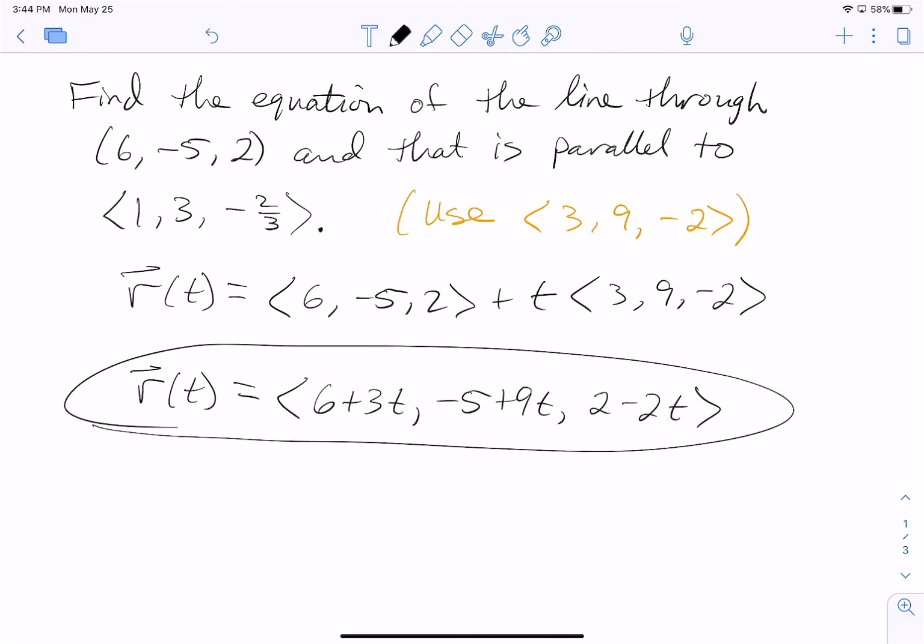Now, folks, if we used (1, 3, -2/3), we'd have different numbers here. It would be a different representation for the same line. That is, we would still end up with all of the same points. They would just occur at different values for t.